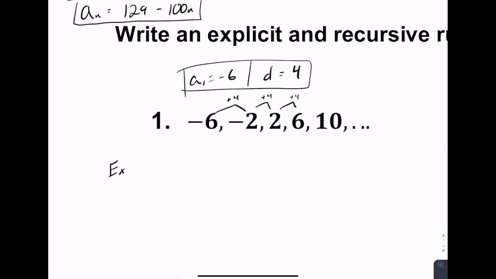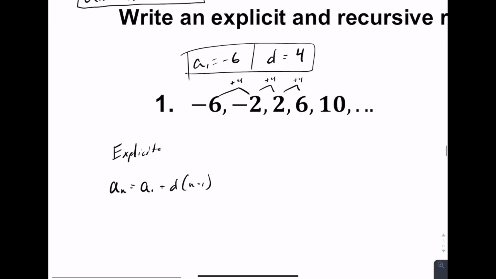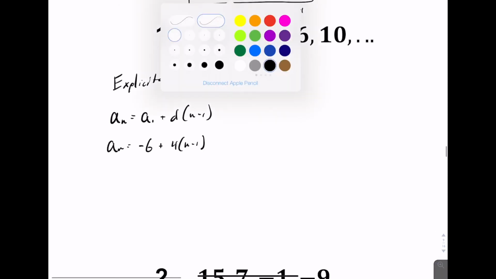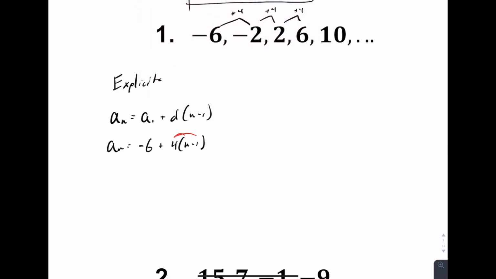All right, now we can use that to build explicit and recursive. So like we said, for explicit, we know our formula is AN equals A1 plus D times n minus 1. So now we just plug and chug. So A1 is negative 6 plus 4 times n minus 1. Do some quick distributive property to simplify.